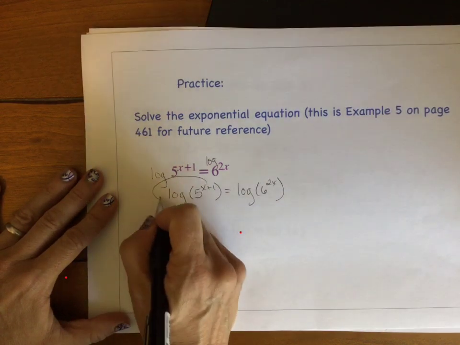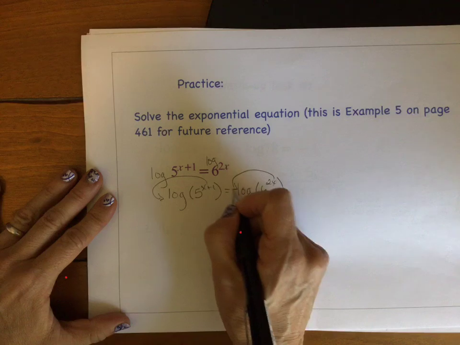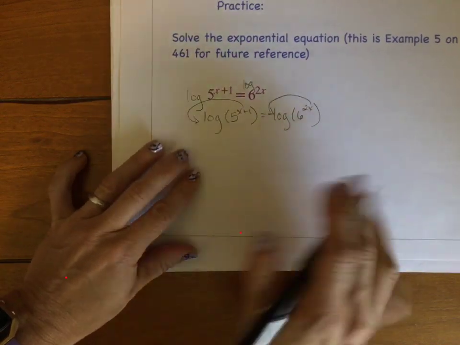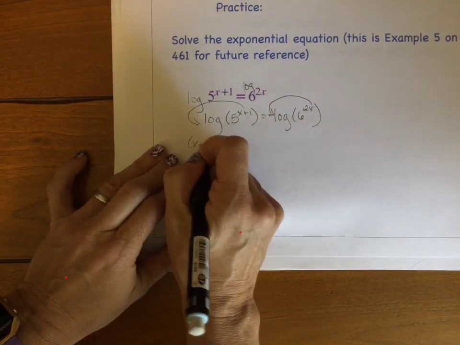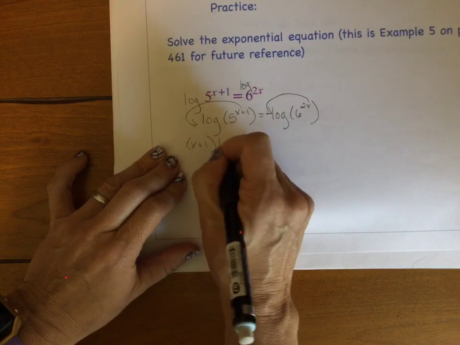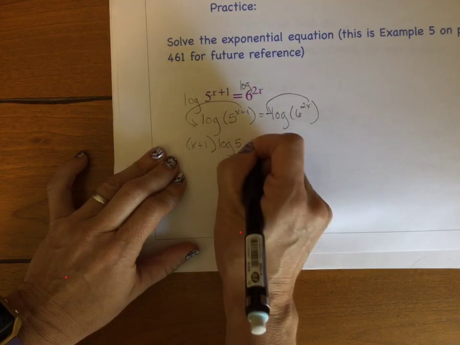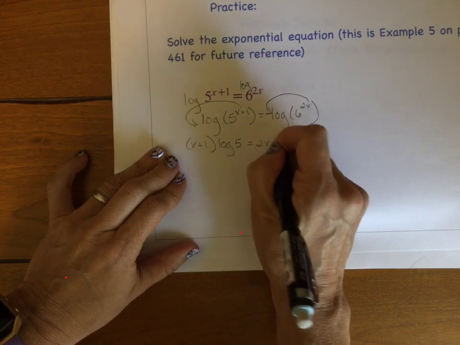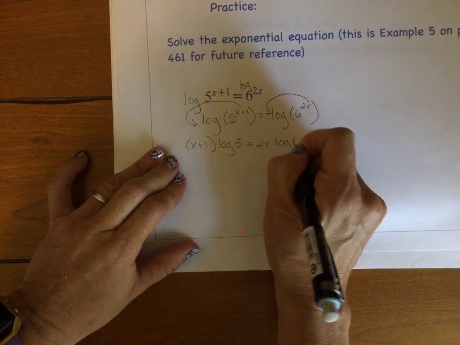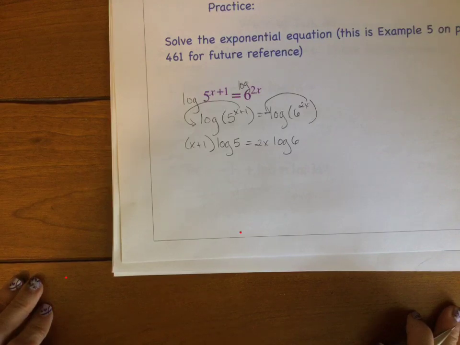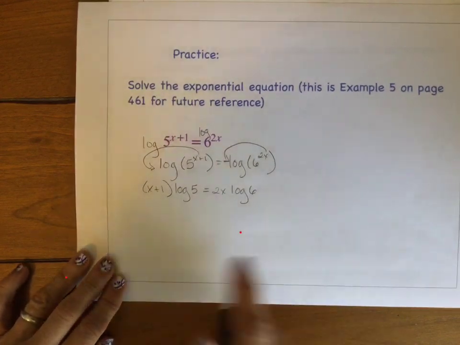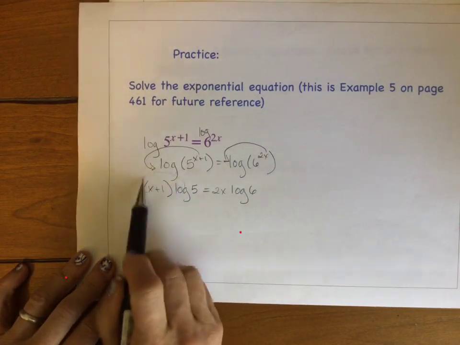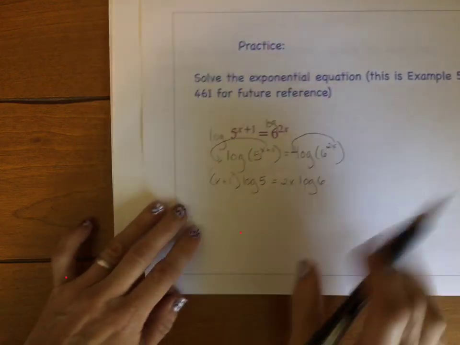All right, so these exponents can come out front because of the power property. So this is x plus 1 times log 5, and this is just 2x times log 6. So on this, we need to distribute the log 5 to both terms.